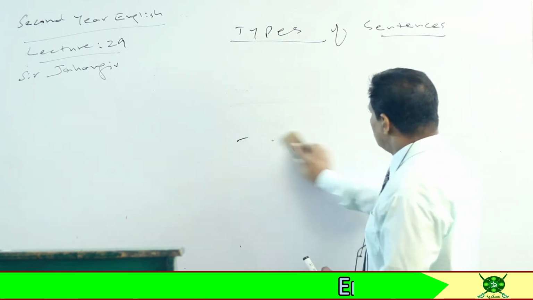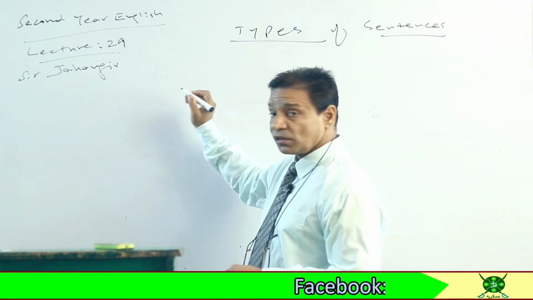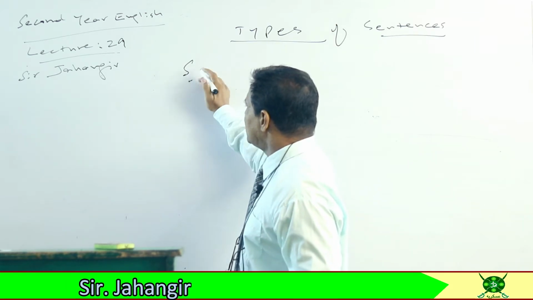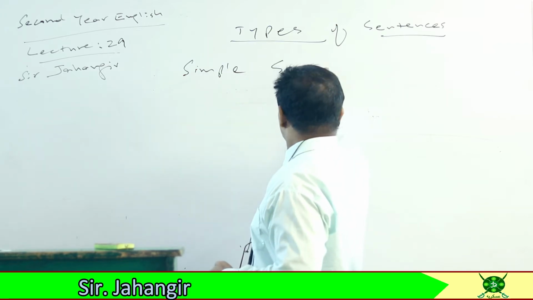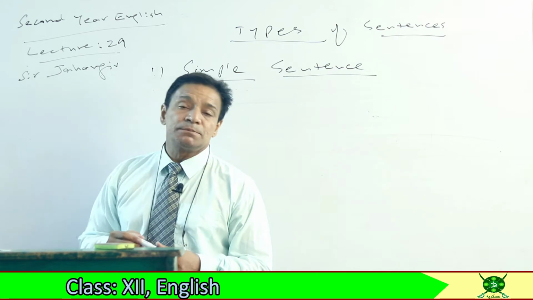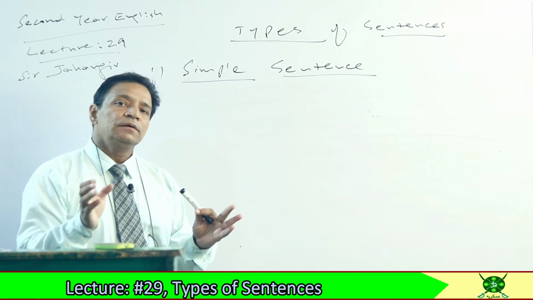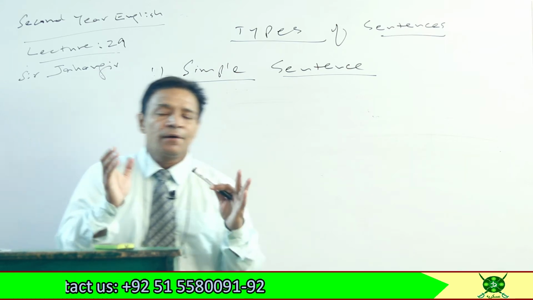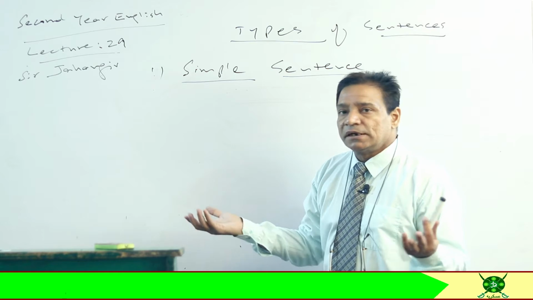Now come towards the first type of sentence. The first type of sentence is simple sentence. In simple sentence we have one clause, which is an independent clause.